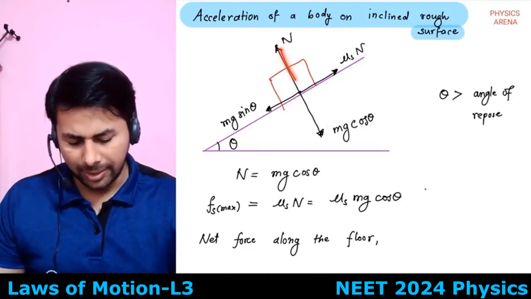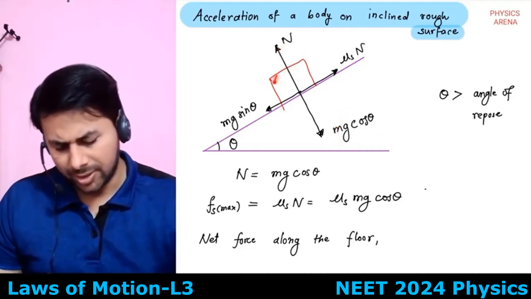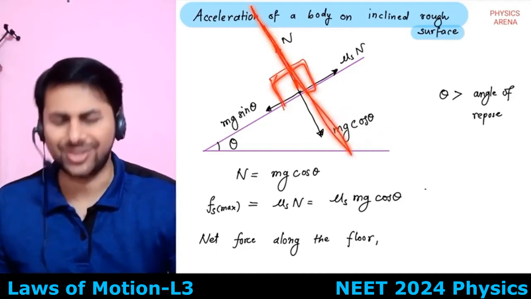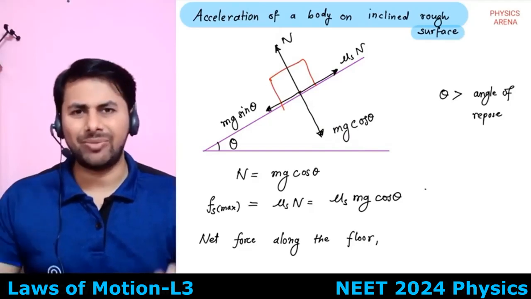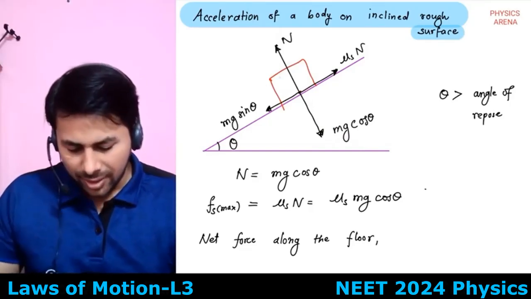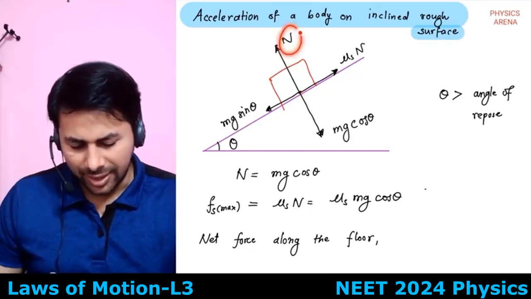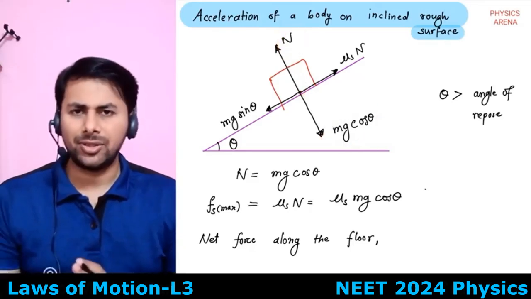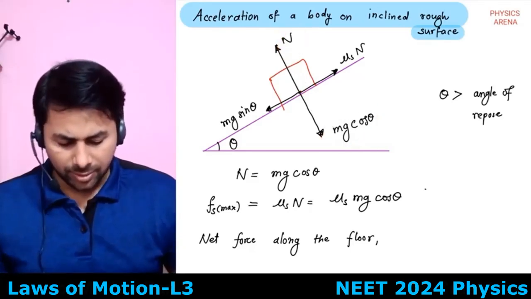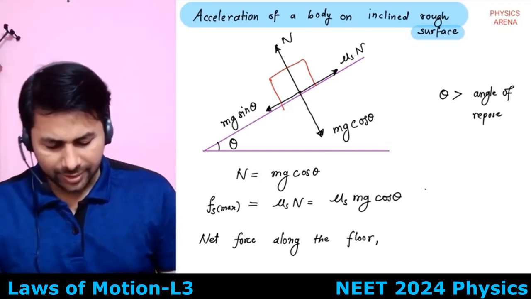N is equal to mg cos theta. There will never be any acceleration perpendicular to the surface, so N will always be equal to mg cos theta.